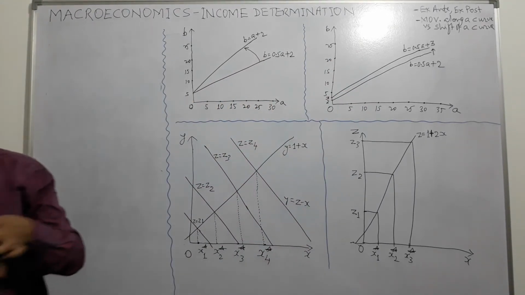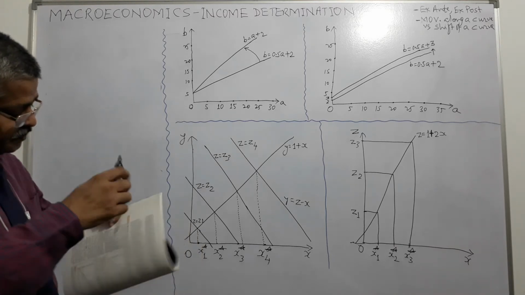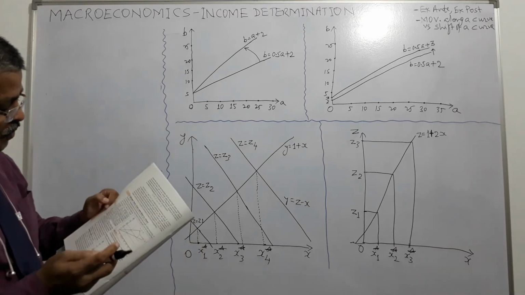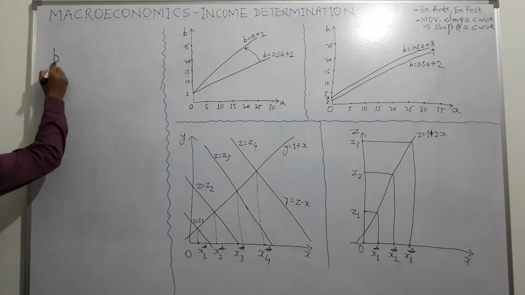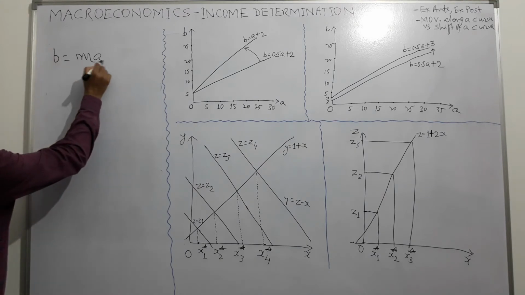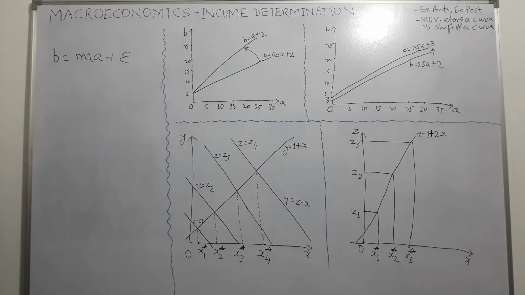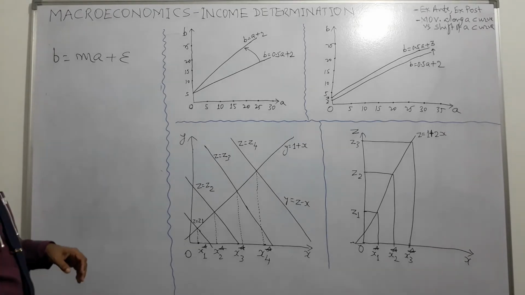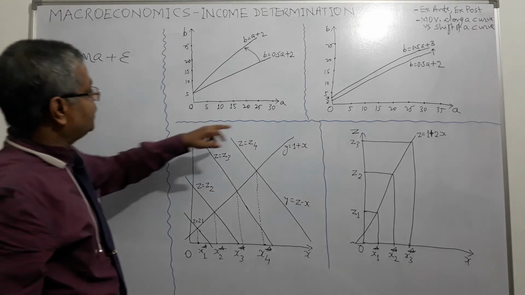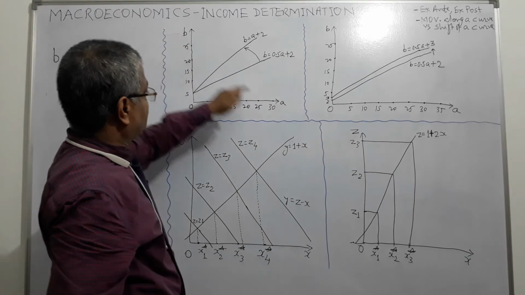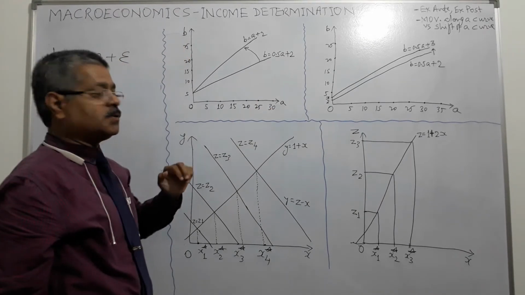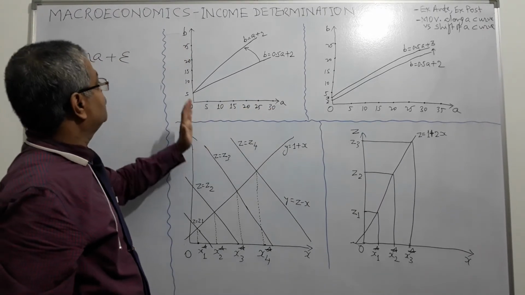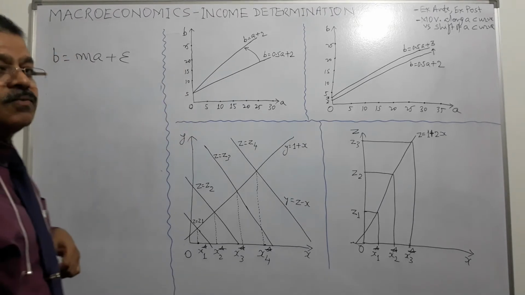So here the formula is B is equal to M A plus E. So here you will find A and B. These are the two variables. A is on the horizontal axis, B is on the vertical.